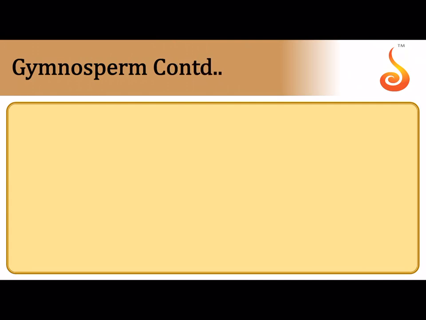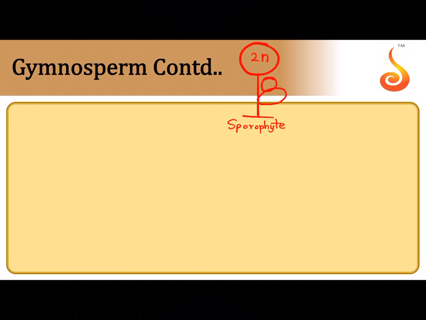So in gymnosperms, like I told you the story of the female sporophyte, correct? I told you that there is a diploid plant which is called a sporophyte, and I also told you that it produces a rounded structure. What did we call this rounded structure?